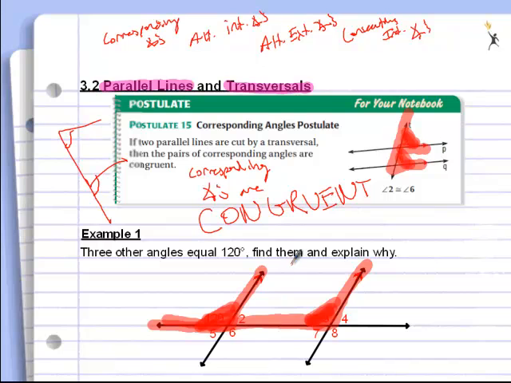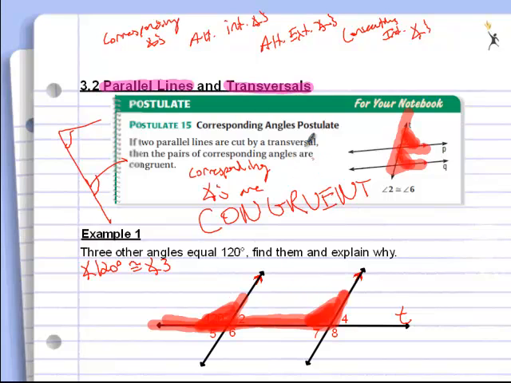I just learned that if I have 2 parallel lines, see those 2 arrows, that tells us that those 2 lines are parallel, cut by a transversal, there's my transversal, we'll label it T, then corresponding angles are congruent. Here I have 120 and 3. These 2 angles are corresponding.